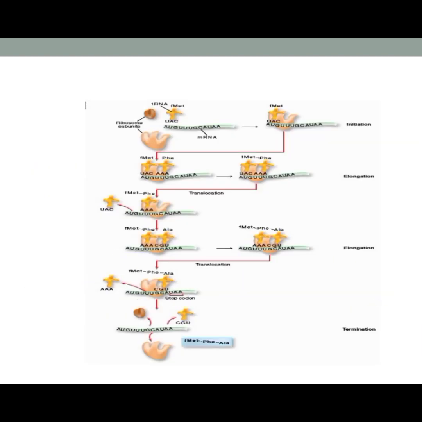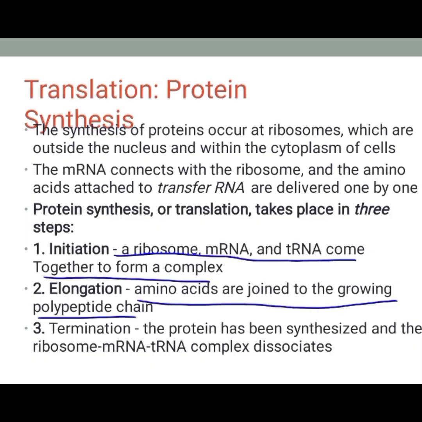Here you can see the process. First a complex forms. So the first step is they will come together: ribosome, mRNA and tRNA. Then elongation. First they make a complex, then elongation, that is, we know the polypeptide chain. How a polypeptide chain forms with amino acids, we have discussed.